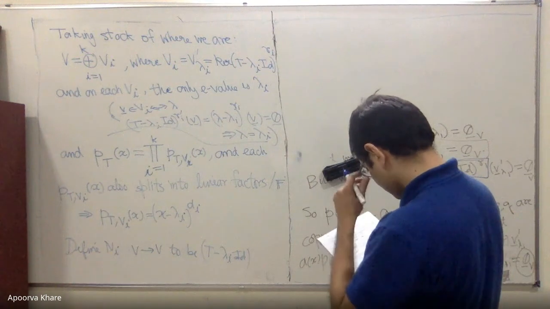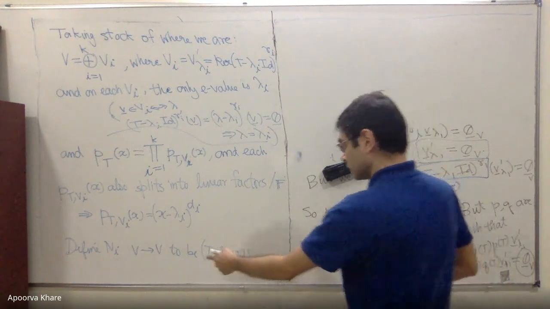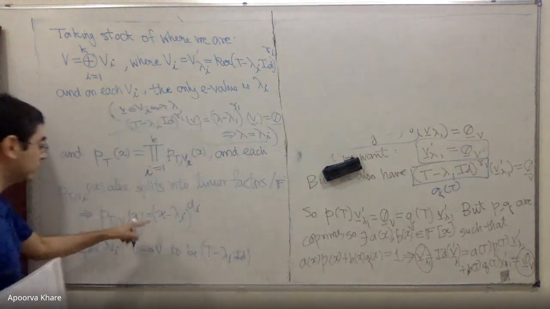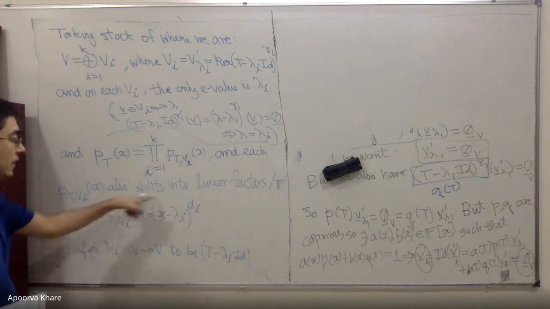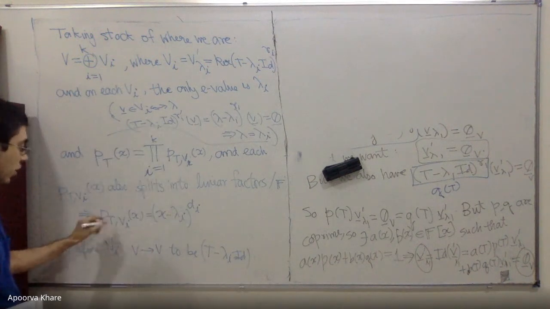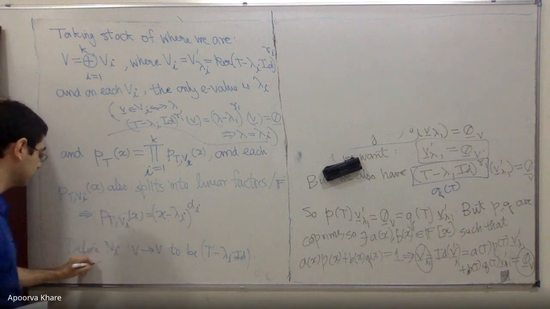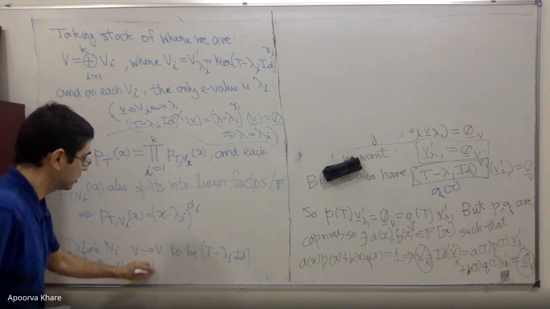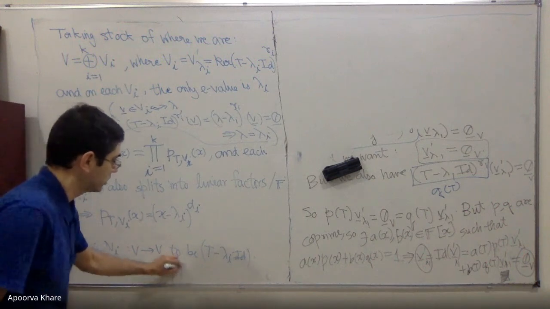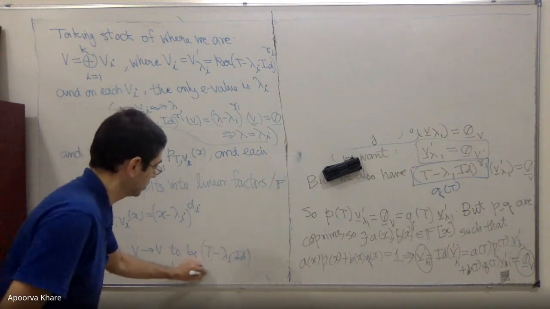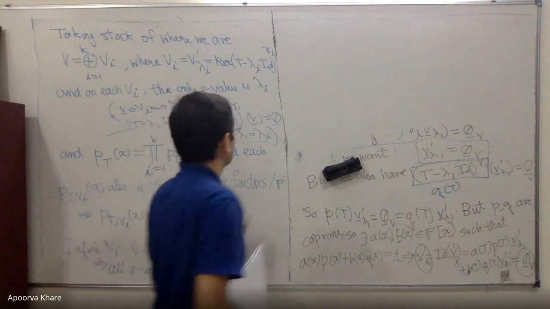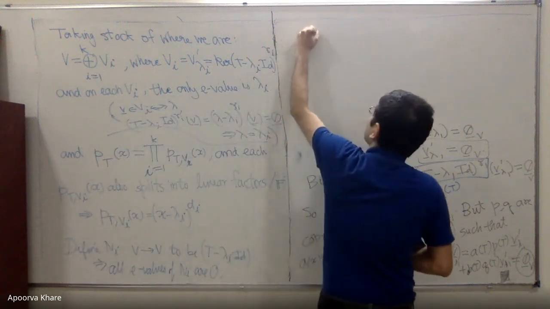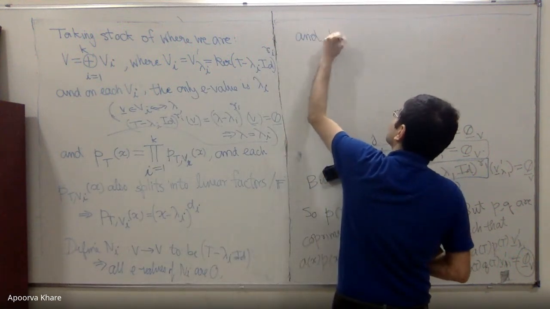Of course, this is all eigenvalues. What are the eigenvalues of N_i? They are the eigenvalues of T on V_i minus lambda_i. All eigenvalues of N_i are 0. And I can even write down the characteristic polynomial, because it is literally the shift.